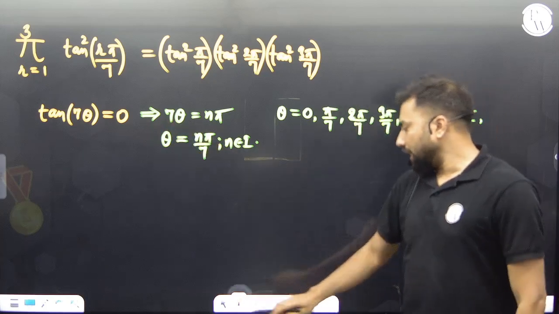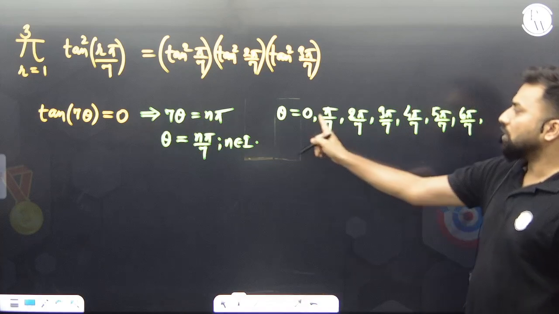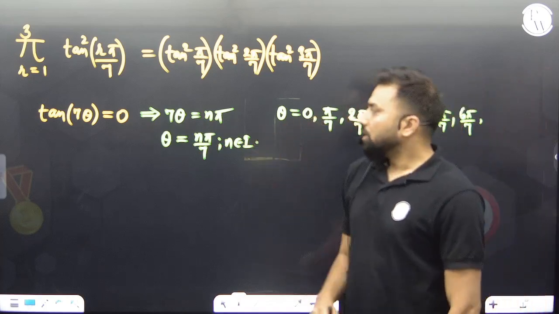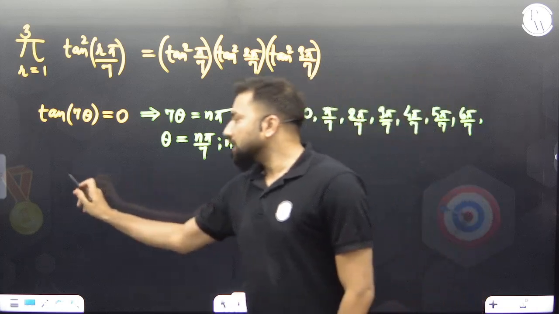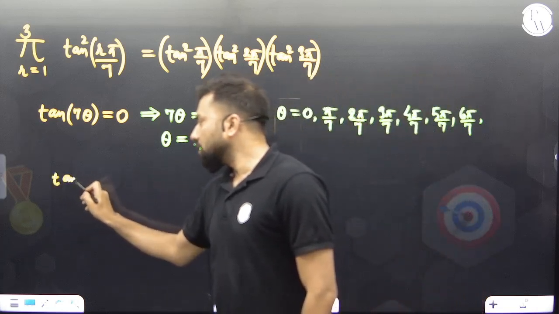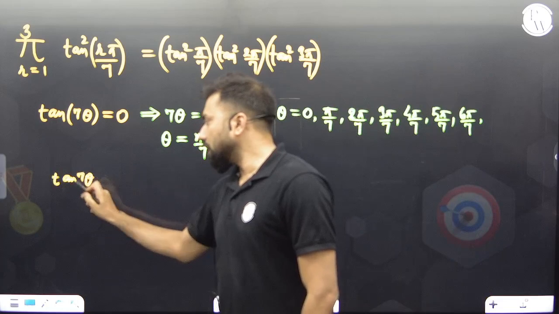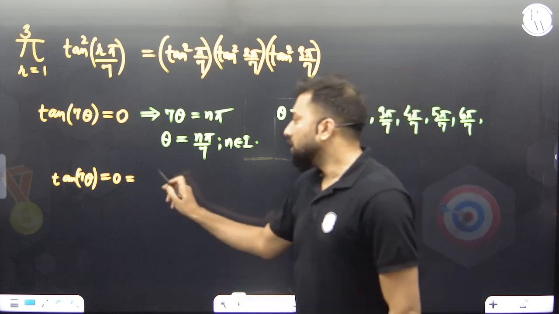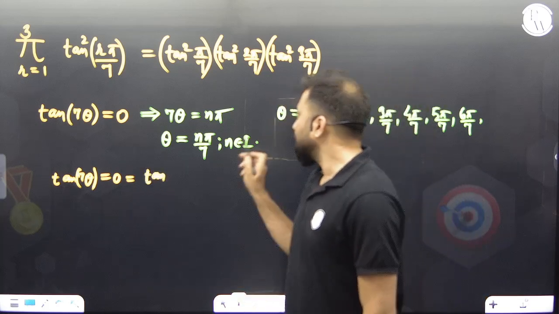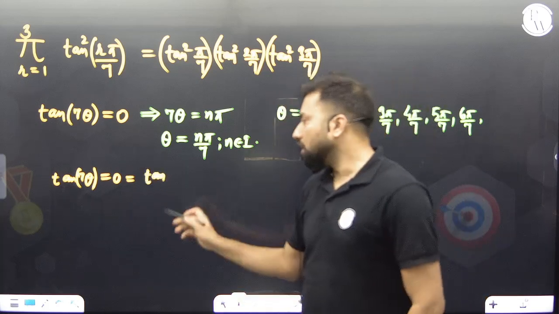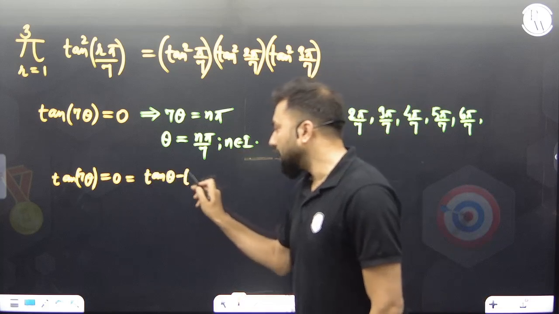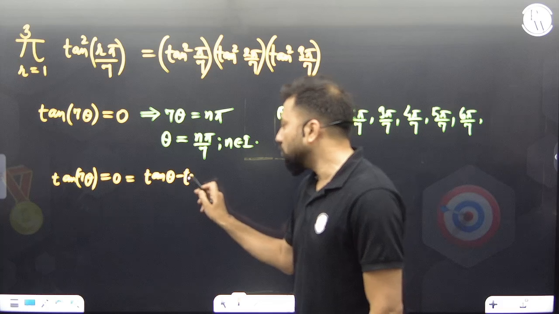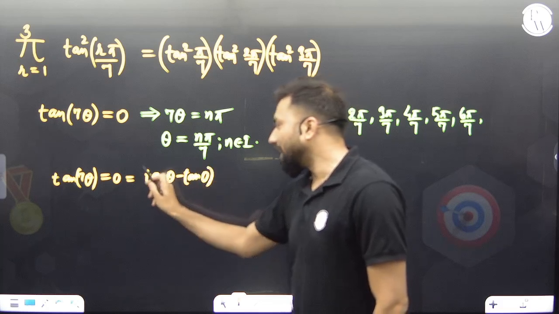Now this is a particular solution, so tan 7 theta equals 0 implies that since theta equals 0 is a solution, tan theta minus tan 0 will be a corresponding factor.